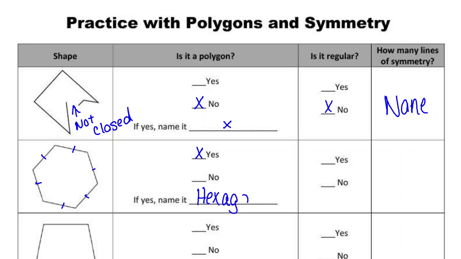You have to remember the names. Is it regular? Does it have all congruent sides and all congruent angles? Well, it appears to. So I'm going to say yes. And then how many lines of symmetry? Well, remember from that previous page, if it's regular, that means it has all congruent sides, all congruent angles, and the exact same number of lines of symmetry. So a hexagon has 6, and it's regular, so it has 6 lines of symmetry.